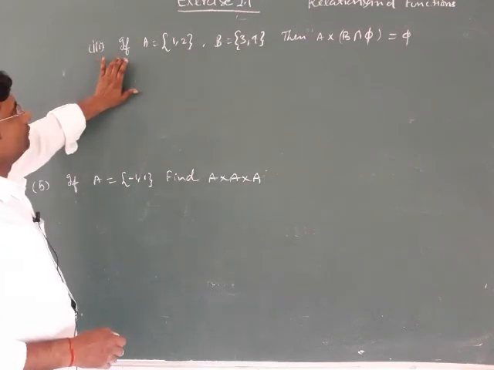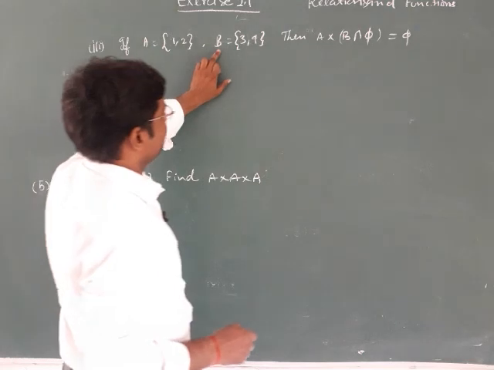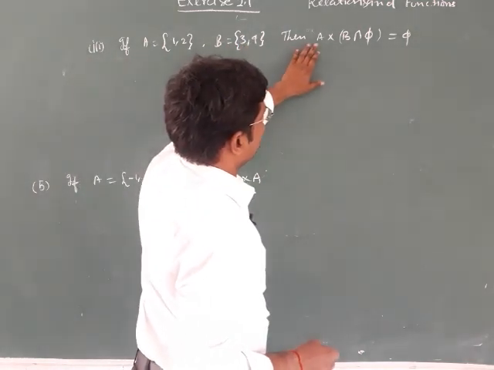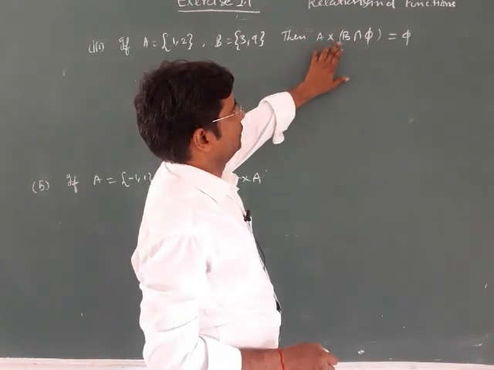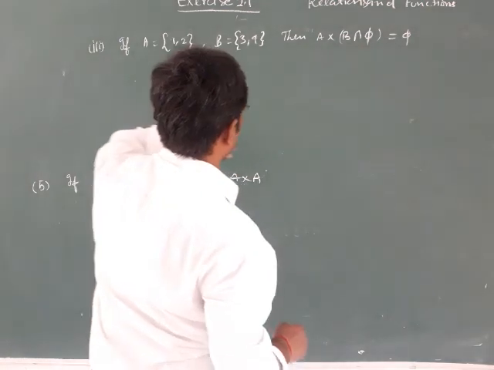Third part: if given set A is equal to {1, 2} and B is {3, 4}, then A cross B intersection empty set is equal to empty set.